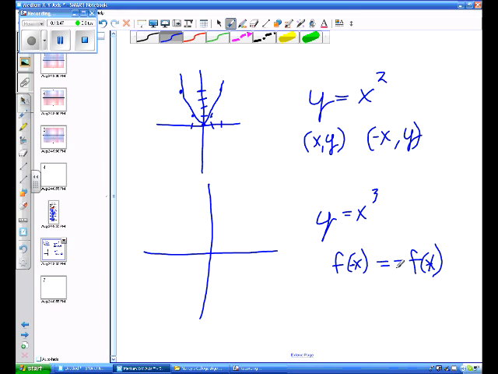That means your y, when your x's are opposites, your y's are opposites also. So we know we have 0, 0. Well, 1 cubed is 1. So that means for negative 1, we're going to have negative 1. When I use the opposite x, I got the opposite y. Well, 2 cubed is 8. So for negative 2, we're going to have negative 8.